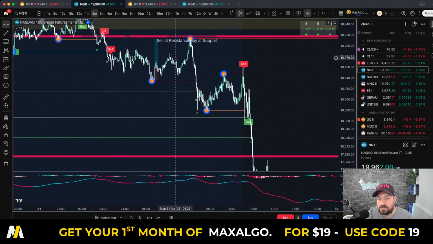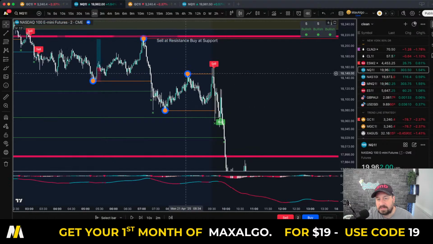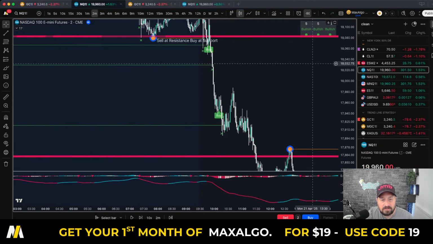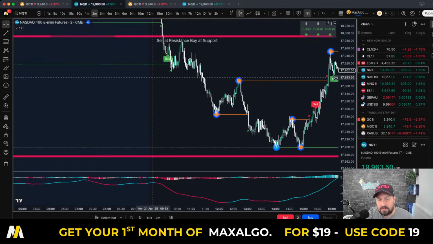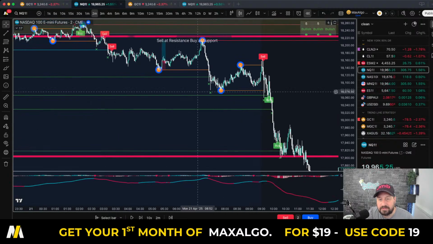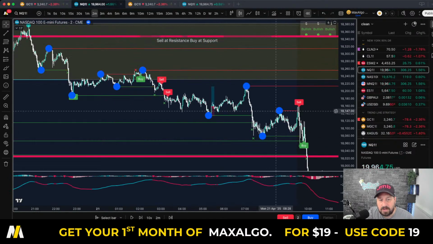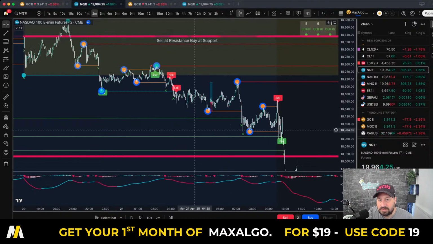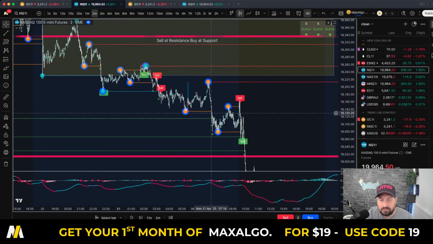So market structure's bearish. You can see this big liquidity grab, entry, and we just go and take out all the liquidity. It's perfect kind of what you're looking for in market structure, that sort of trade, confluences to the downside.